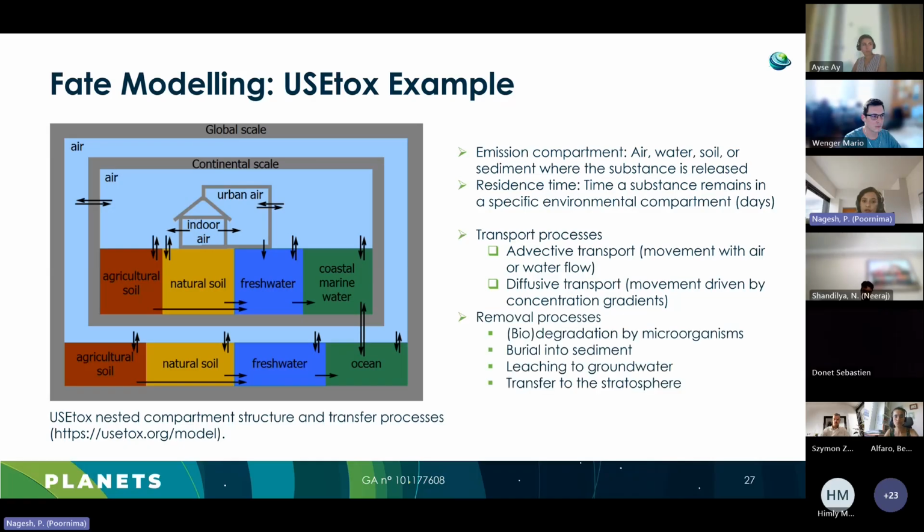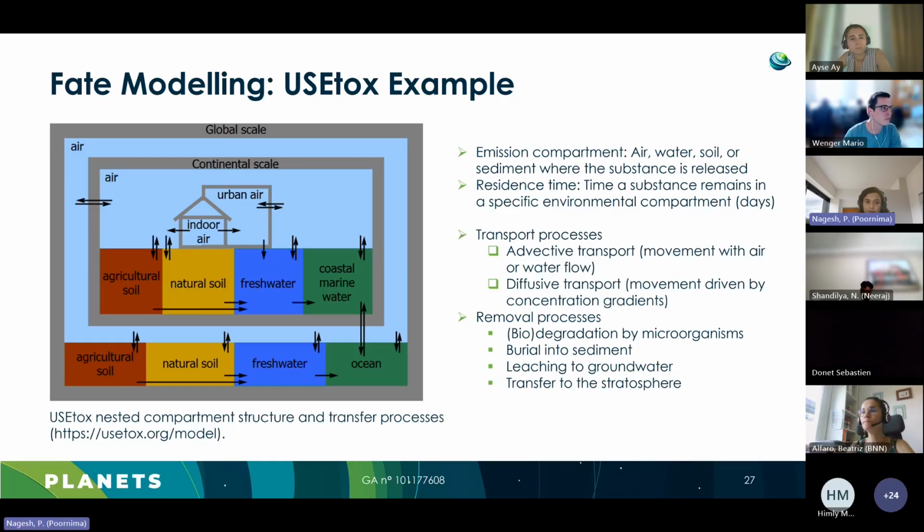And it also accounts for the fact that substances are not just in the environment, they can also be removed from the environmental system through different removal processes. The main ones are degradation or biodegradation by microorganisms. It can bury in the sediment, or it can leach through several layers of the soil and reach the groundwater, or it can also transfer back to the stratosphere through these transport processes.